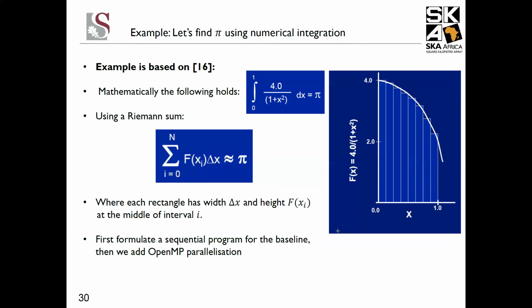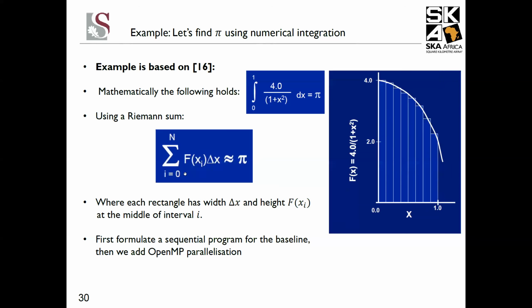So what are we doing with the integration? Just to take you back to first year, we can divide it up into these little blocks, and we're calculating the area under that curve between the interval 0 and 1. That's all we're doing with integration. And to do that, we can use a Riemann sum. So we have a summation over here where the index i starts from 0 to n. n is my number of blocks, these rectangles.